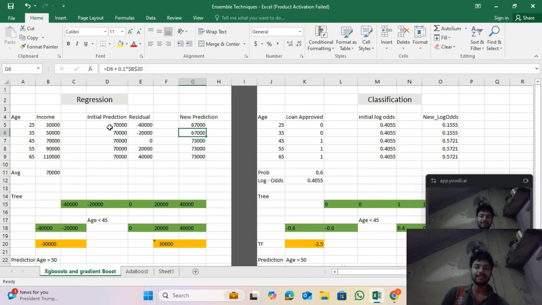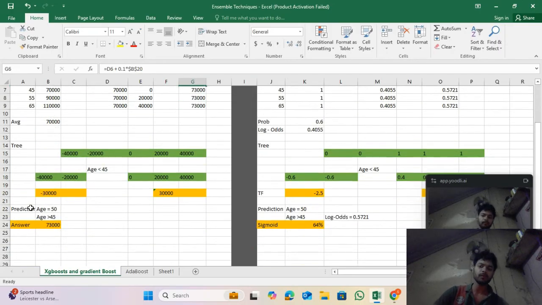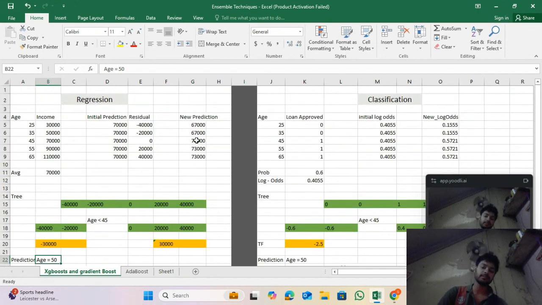So you can see we have a very good step of moving from 70,000 towards 60,000, which is closer to 30,000, right? This is the new prediction of only the first tree, and you can develop several other trees which will be very close to your output column.